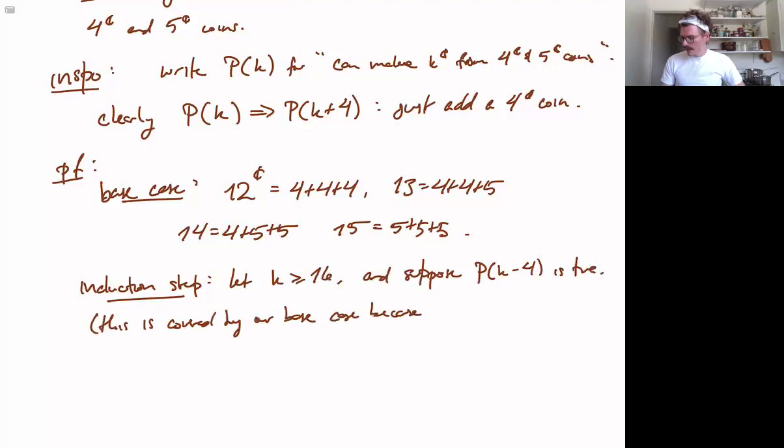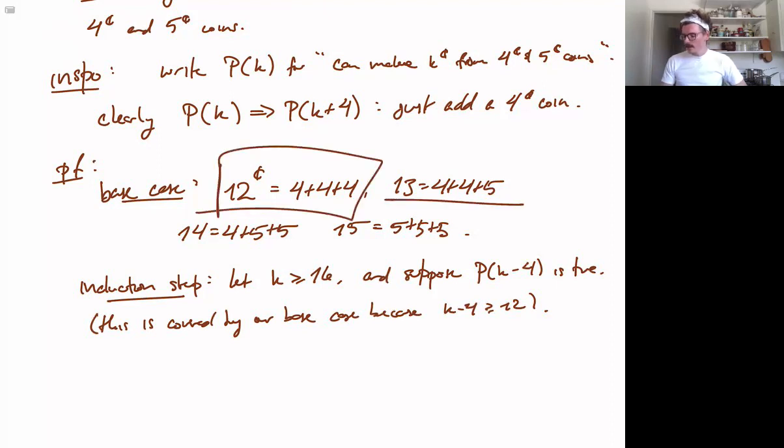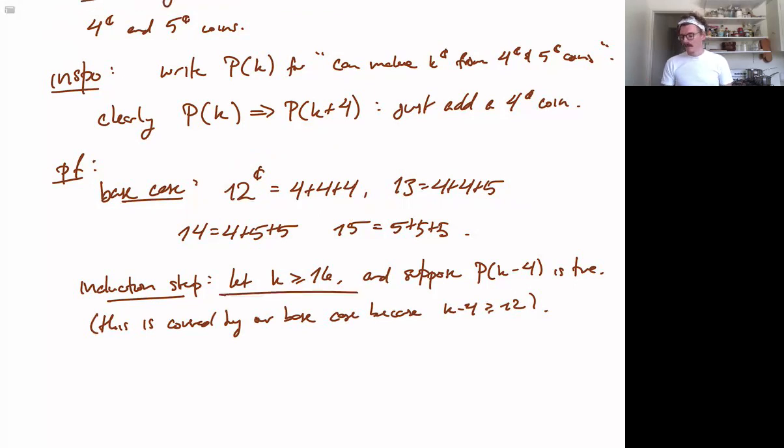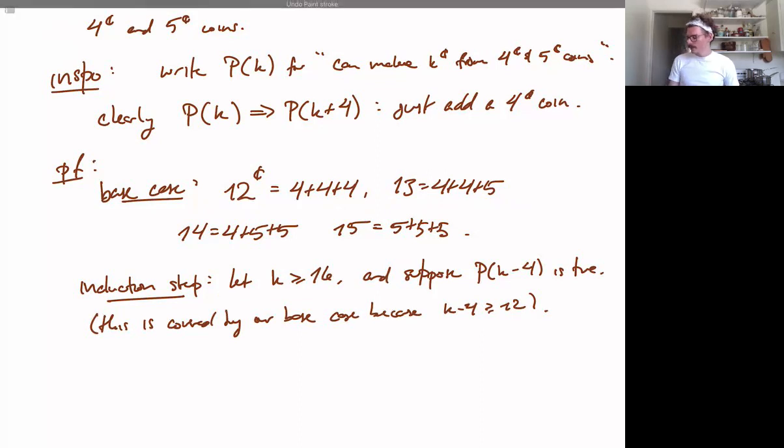Because if k is at least 16, then k minus 4 is at least 12. So for example, if we just did this one base case, then we would not get 13, because we would not have tested k minus 4 in that case. So these 4 base cases allow us to start with k at least 16, and then we're good.